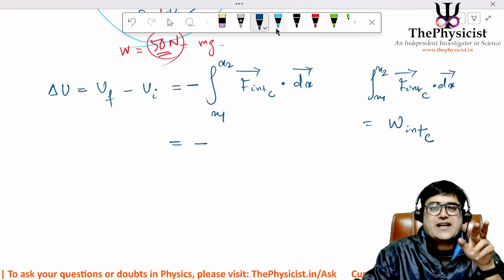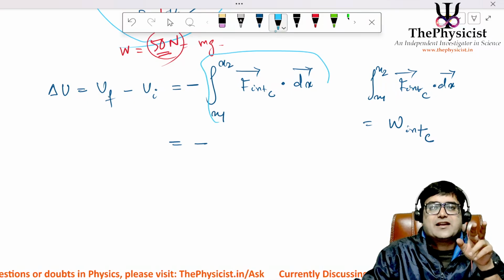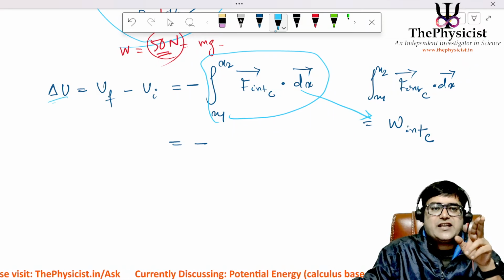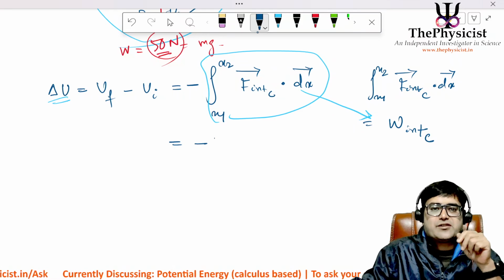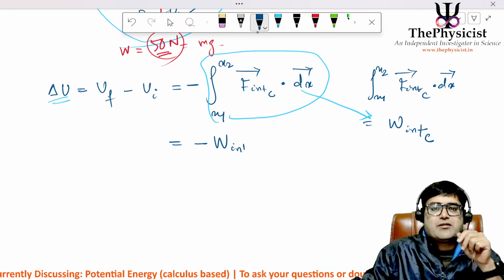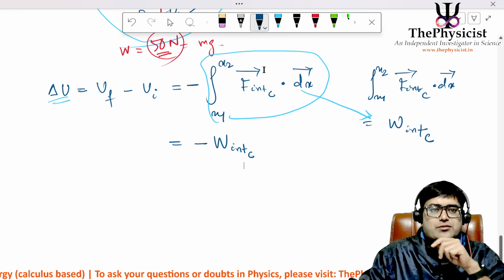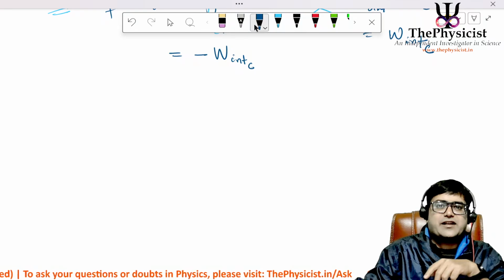So this entire thing is this. I can just write that the change in potential energy will be negative of the work done by the internal conservative force. Let me write it neat and clean.